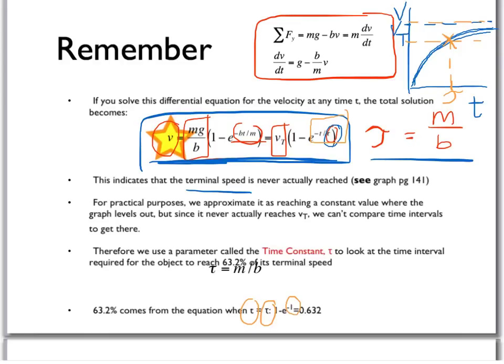So if we take 1 minus e to the negative 1, we get 0.632, or 63% of the actual terminal velocity. This is now a way that we can compare different objects in how long it takes them to reach that terminal velocity by looking at the time constant tau.